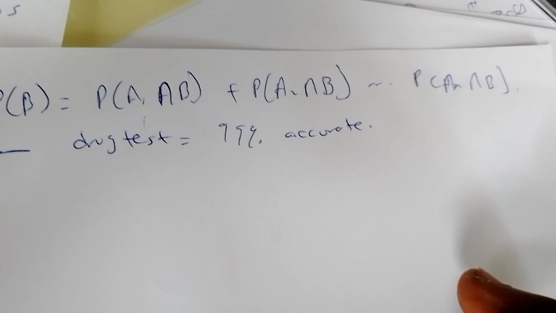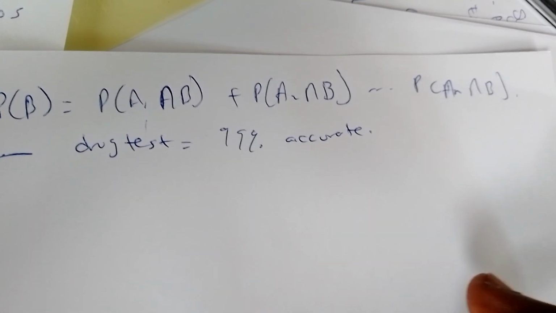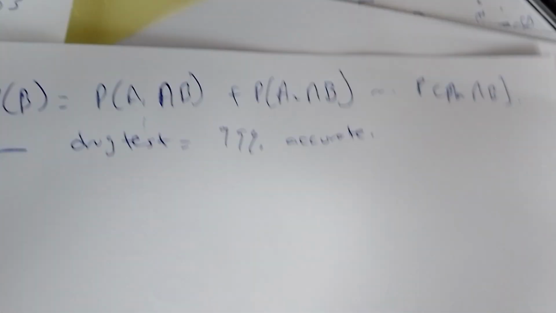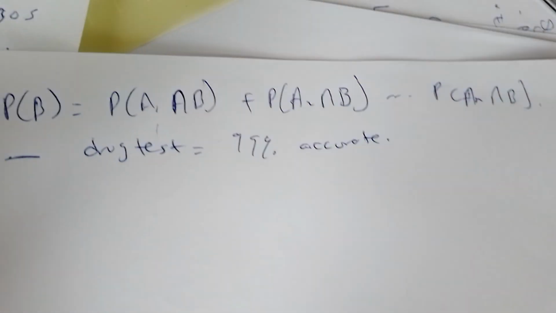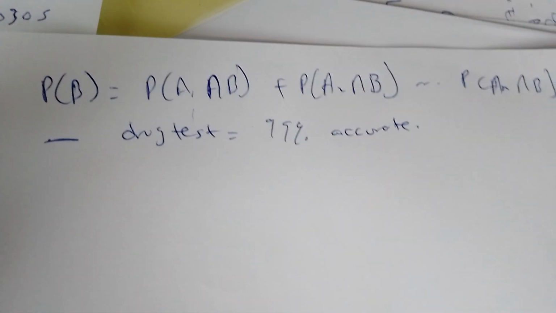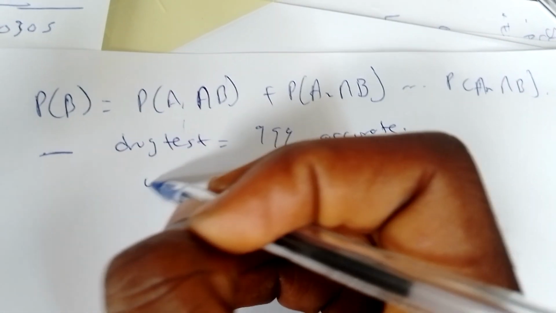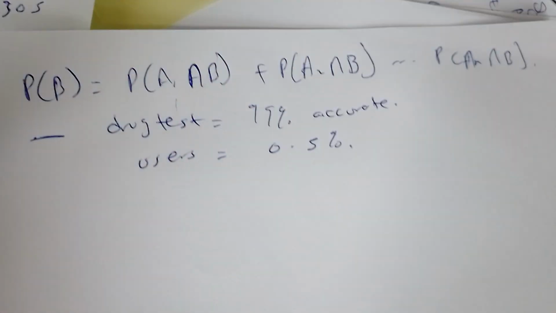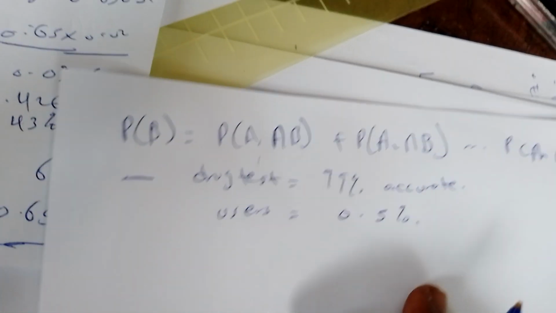You want to know the probability that, given a positive drug test, an employee is an opium user. This is really an interesting question. So users is actually 0.5%.